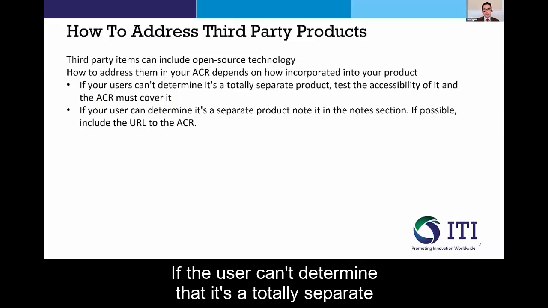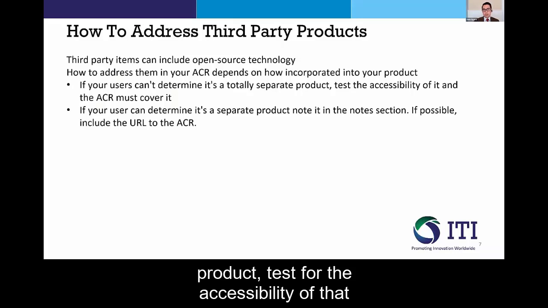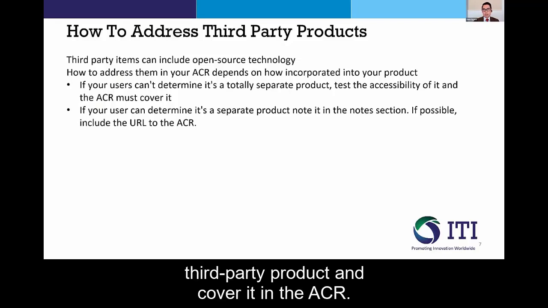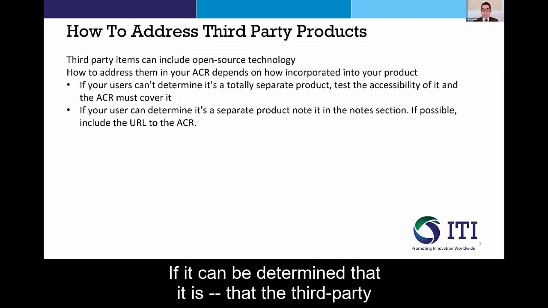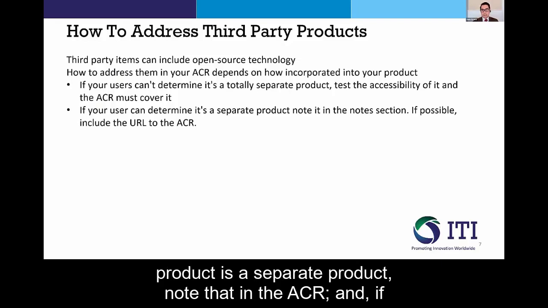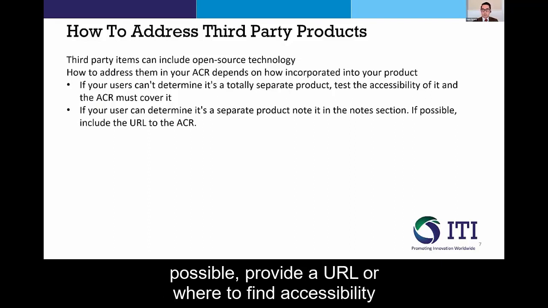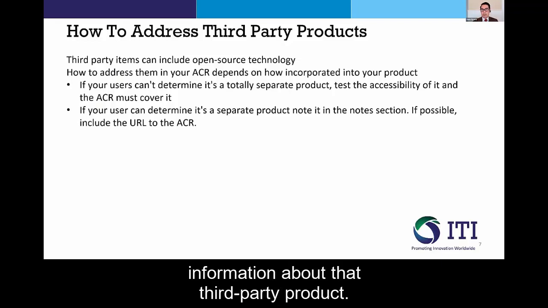If the user can't determine that it's a totally separate product, test for the accessibility of that third-party product and cover it in the ACR. If it can be determined that the third-party product is a separate product, note that in the ACR, and if possible, provide a URL or where to find accessibility information about that third-party product.